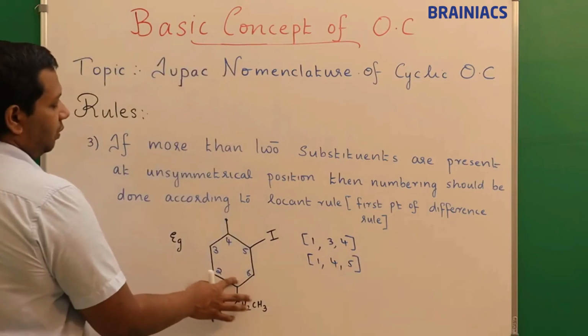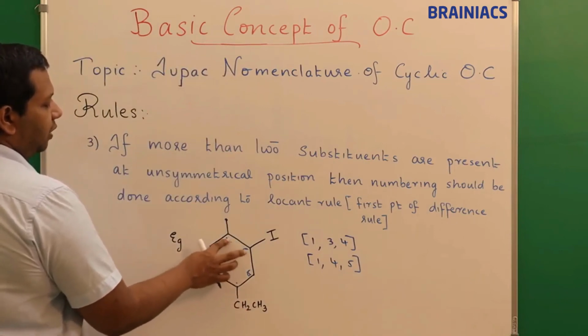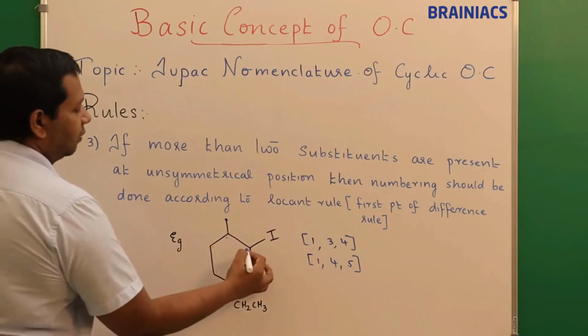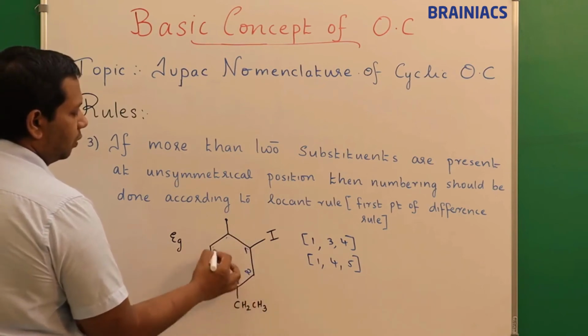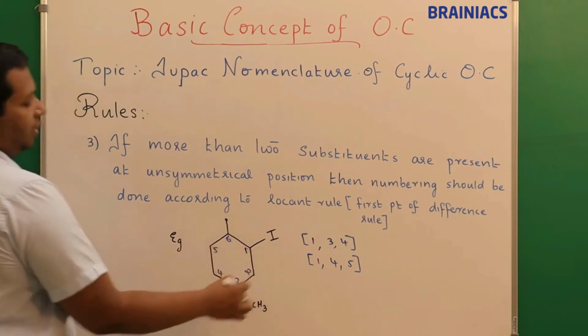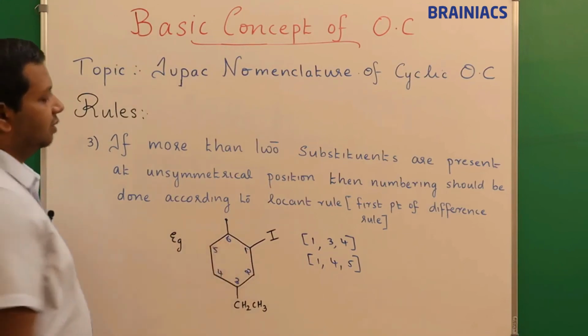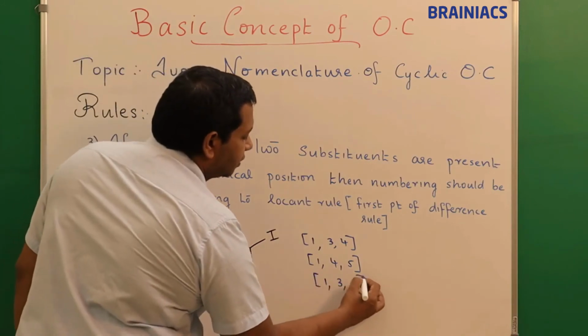Now I have written both possibilities. Now I will go to the next substituent, that is this one. So I will start from here, 1, 2, 3, 4, 5, 6. Now tell me the locants. 1, 3 and 6. So I can write 1, 3, 6. Correct?